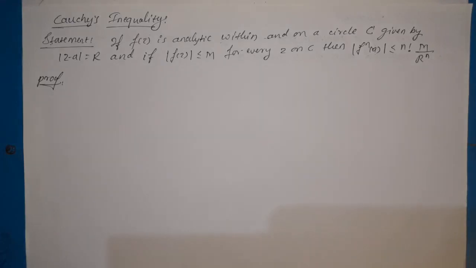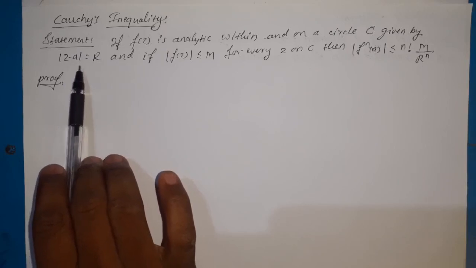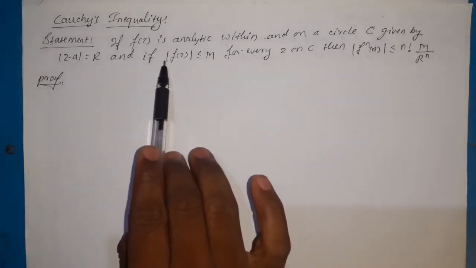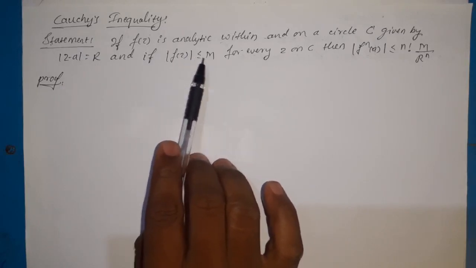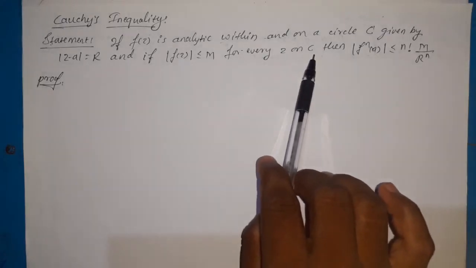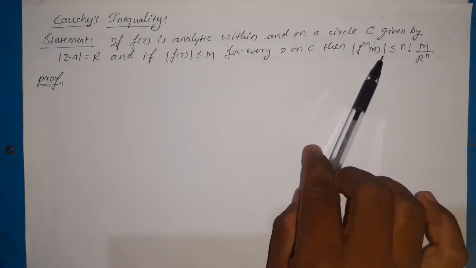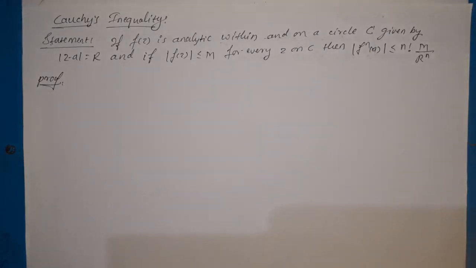So here it is given that the equation of the circle is |z - a| = R, and the modulus of the function f(z) is less than or equal to M. Then for every point z on the curve C, this inequality holds good, and this is called Cauchy's inequality. So let us prove this one.